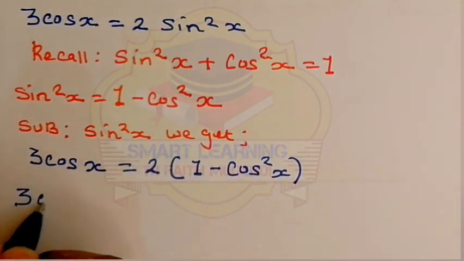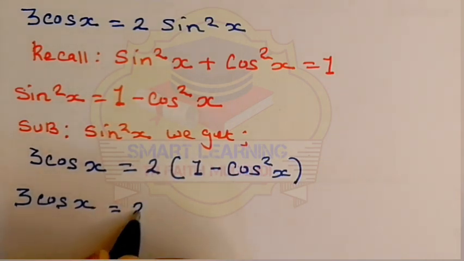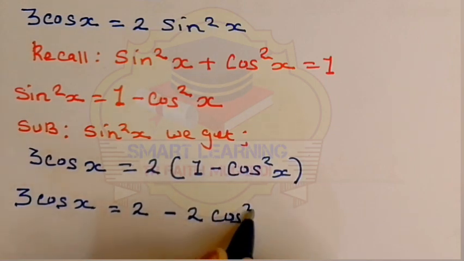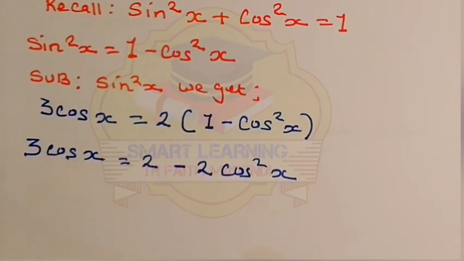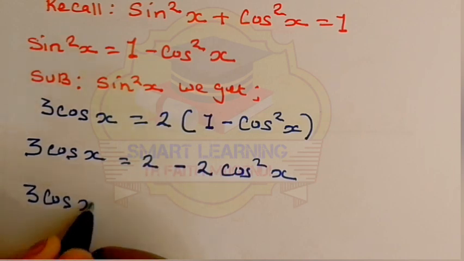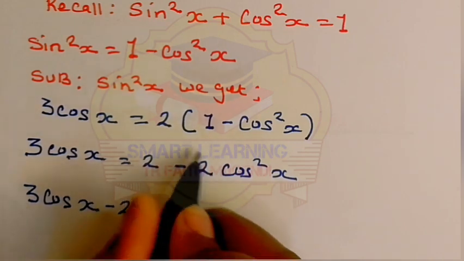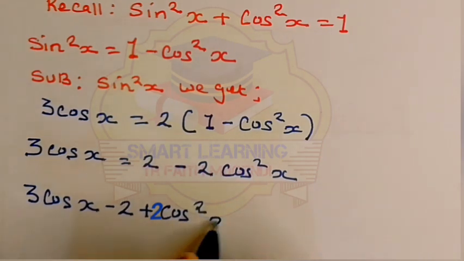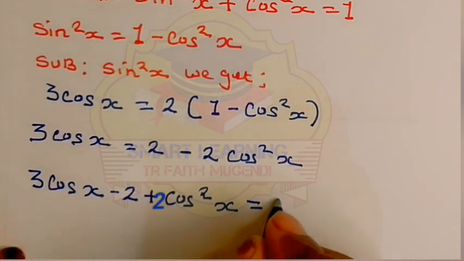So when we remove the bracket, we shall have 2 minus 2 cos squared x. When we take everything to the other side of the equation, what shall we have? We shall have 3 cos x minus 2, then plus cos squared x is equivalent to 0.